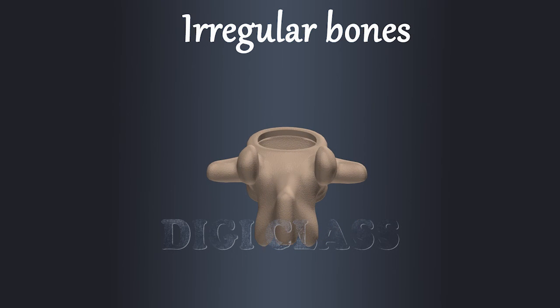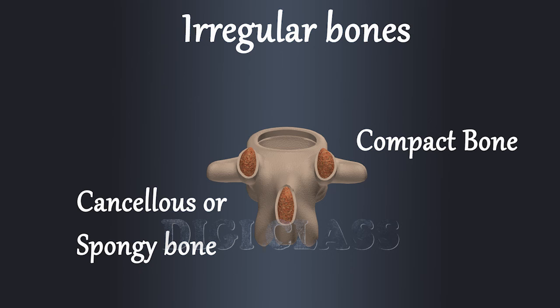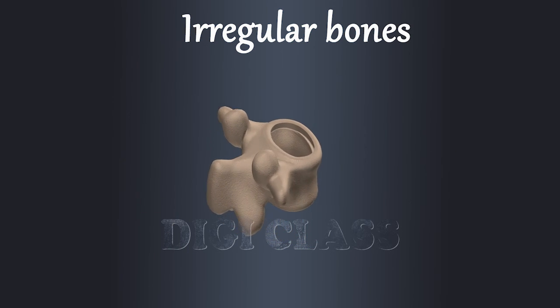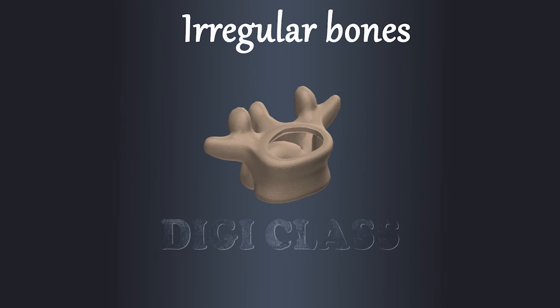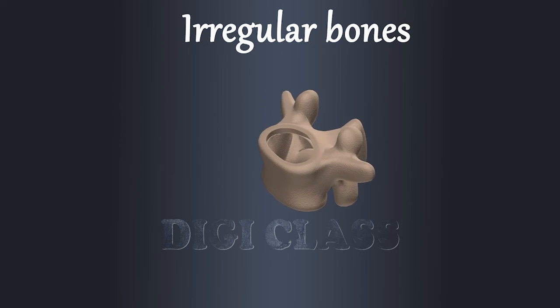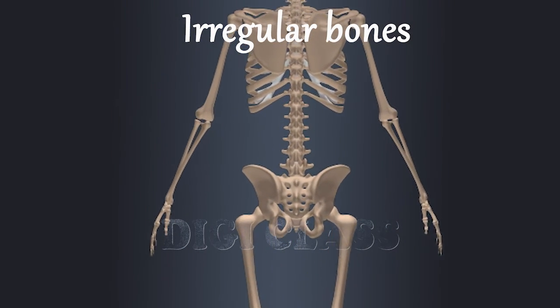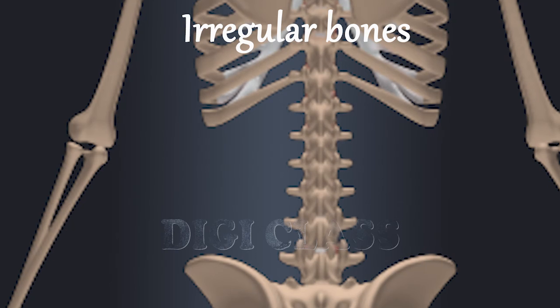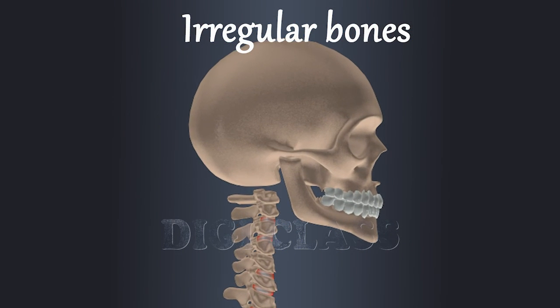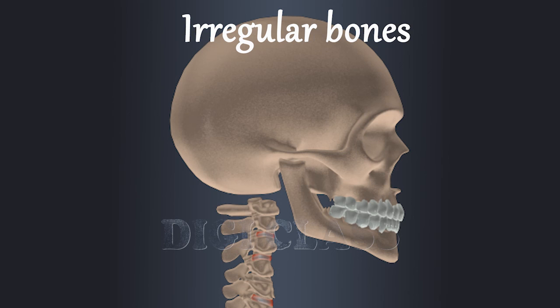They are primarily cancellous or spongy bone that is covered with a thin layer of compact bone. These bones tend to have more complex shapes, like the vertebrae that support the spinal cord and protect it from compressive forces. Many bones of the face, particularly the jaw bones that contain teeth, are classified as irregular bones.